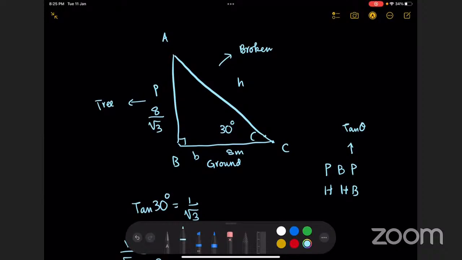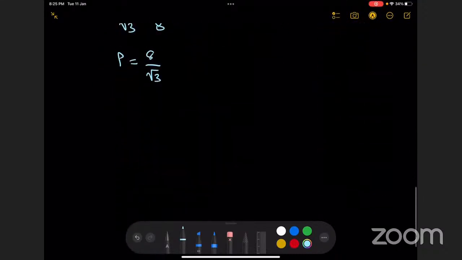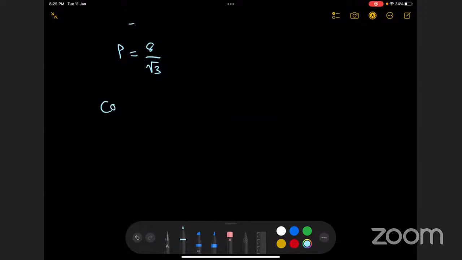The base is a whole number, so I'll just take this formula. I feel like we can use the other formula as well, but that has root 3 in it. Whichever. So just take the base, 8. So cos theta, and it is 30 degrees again. So cos 30 equals, I think, √3 by 2.